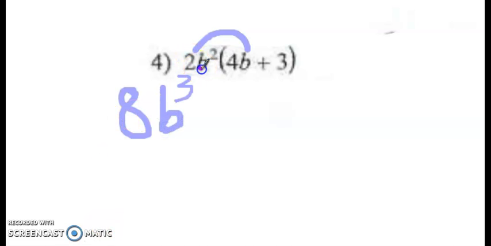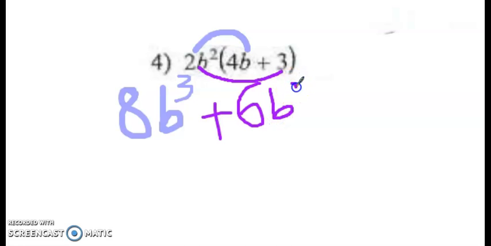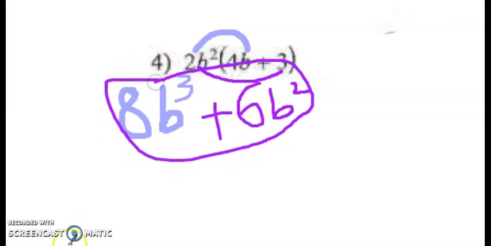And then 2b squared times 3. 2 times 3 is a positive 6. There's no b's back here to add to these two b's, so it's going to be b squared. So our answer is 8b to the third plus 6b squared.